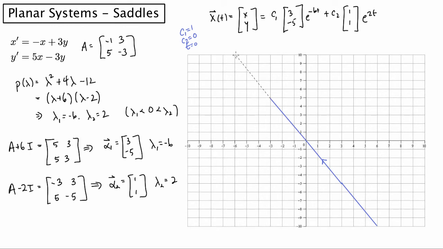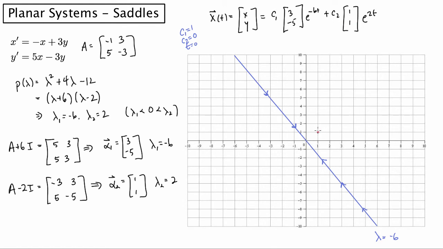So continue along that line. On both sides here we're collapsing into the origin, and that's because the eigenvalue for this problem was negative 6. And we learned in the last video that if you have an eigenvalue that's negative, then it's creating things which collapse into the origin.